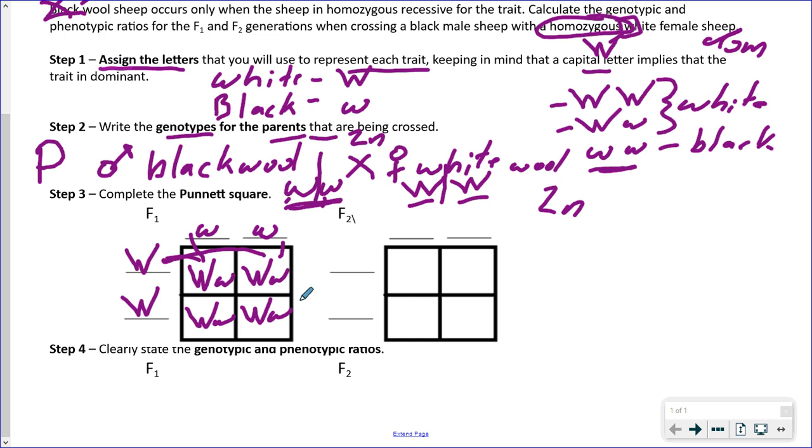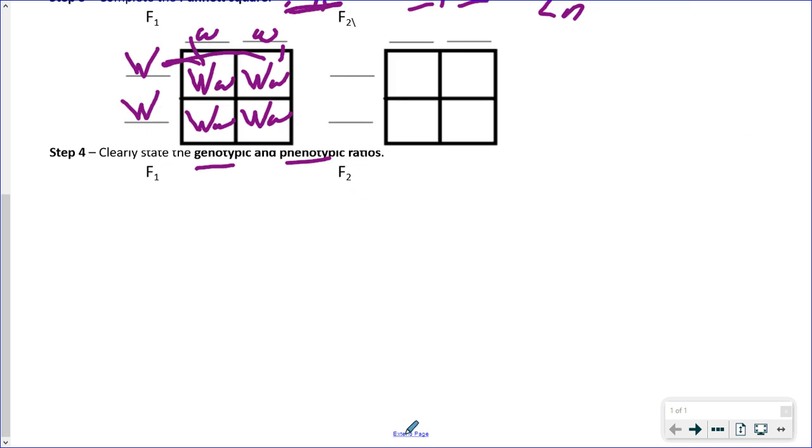Now we do need to write the genotypic and the phenotypic ratios from this particular Punnett square. The way to write a ratio for the genotypes is really to write what the different genotypes are. What we do is write the homozygous dominant first of all. So we would write this as big W big W, big W little w, little w little w.